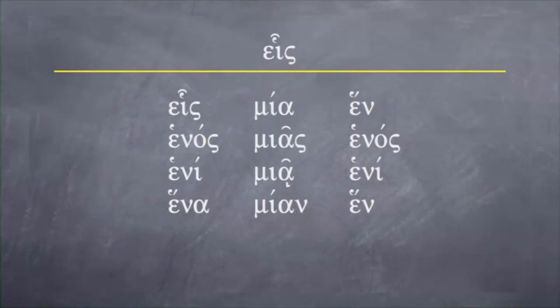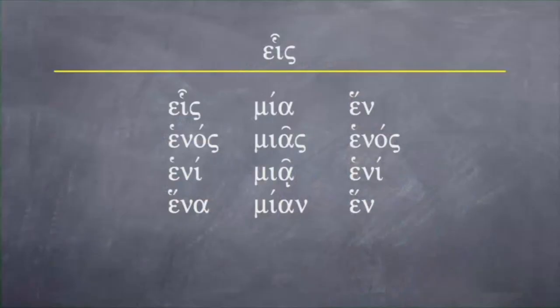But if you get to the genitive, it's henos, right? Well, you're not going to get from heis to henos. You're only going to get to henos from the stem hen, right? So you know this word as heis. You know it's from the stem hen. So the genitive singular is straightforward.